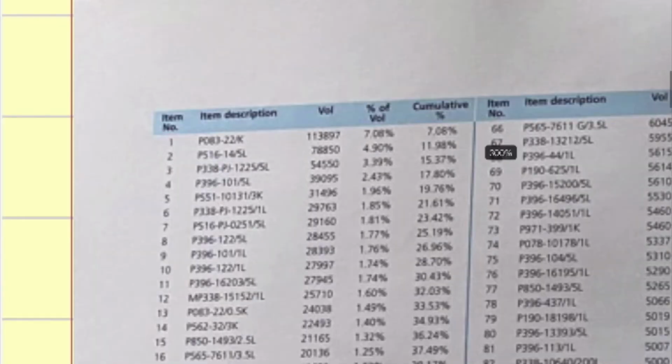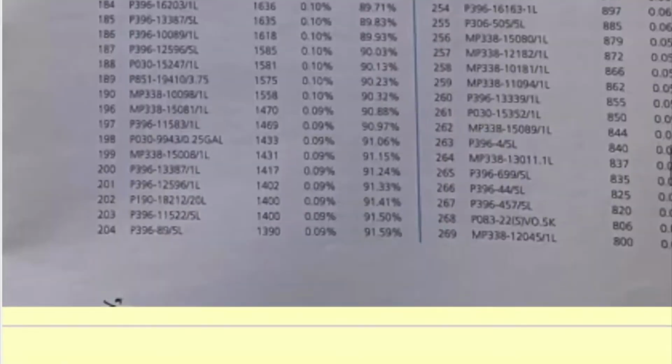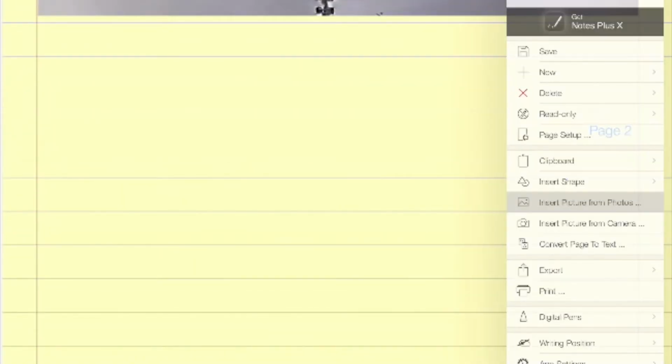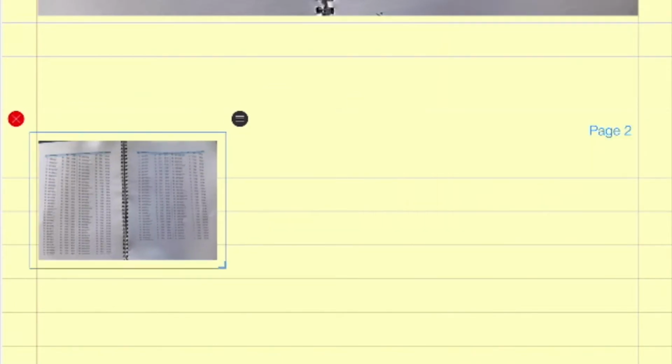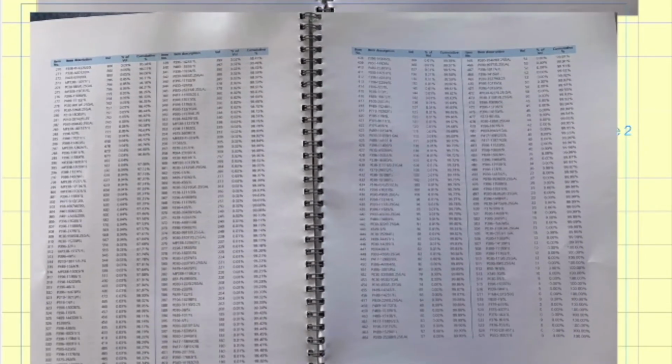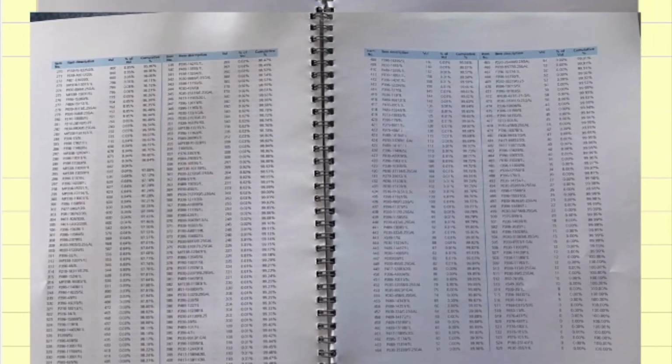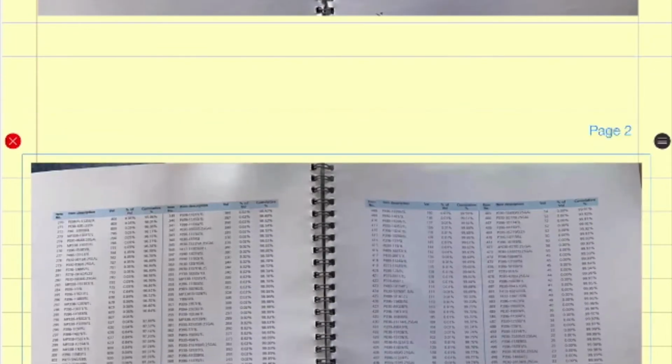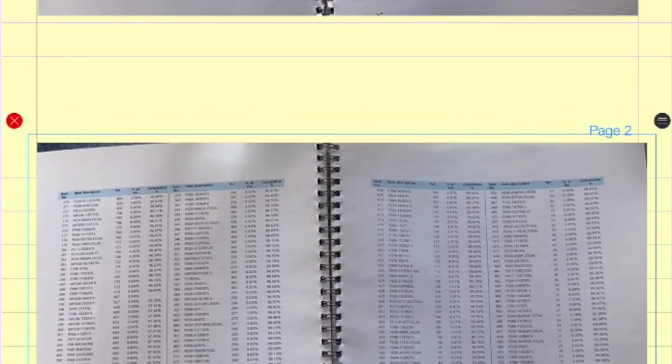And this first page has 269 products. We have a second page here, and we have a total of 525 products. So 525 products in the organization. So with a total of 525, you see here.